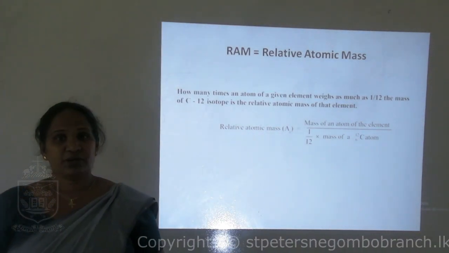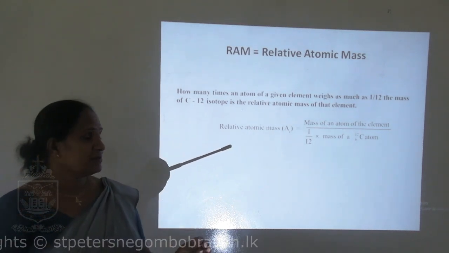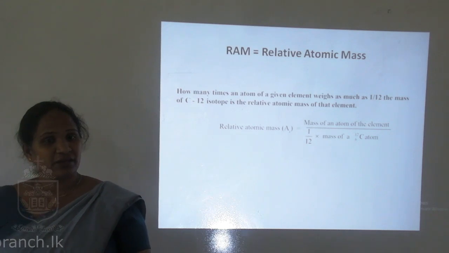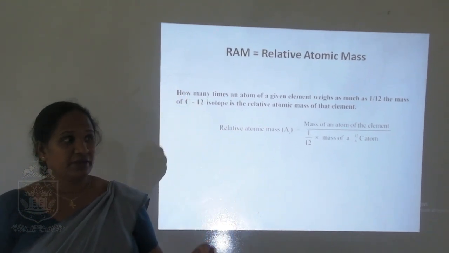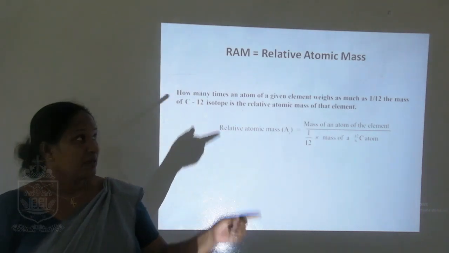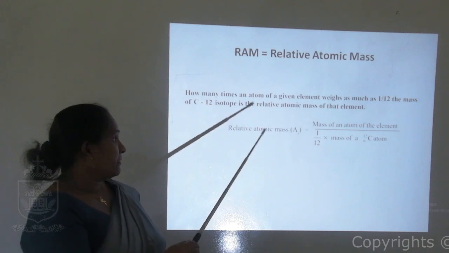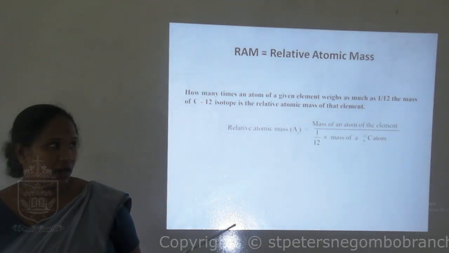They are very small. Because of that, the way we find the mass of this, we are comparing with another atom. For the comparing, we take the carbon atom. From this relative atomic mass, we are comparing the mass of the other atom with carbon.